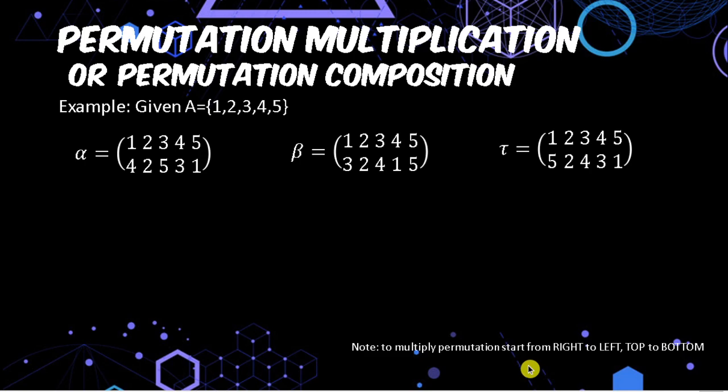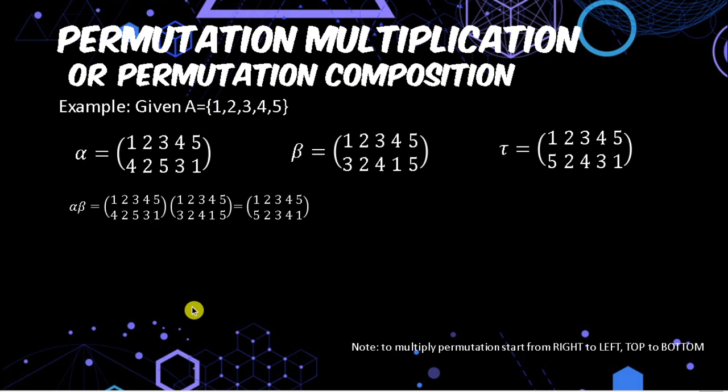To multiply permutations, we start from right to left and top to bottom. There are other books that, instead of starting from right to left, start from left to right and then top to bottom. Well, mas madami yung gumagamit ng ganito. This is more conventional.